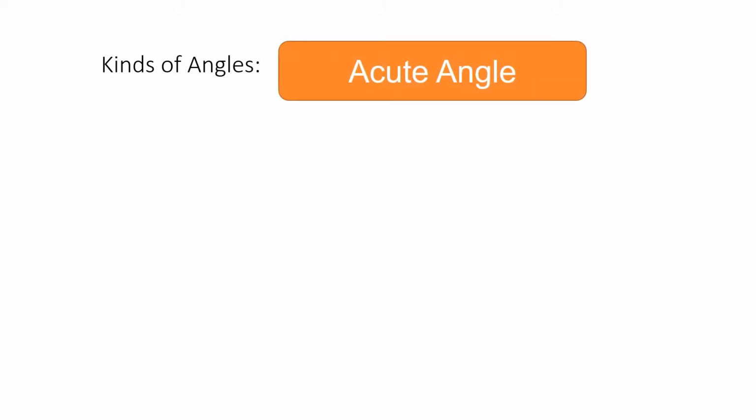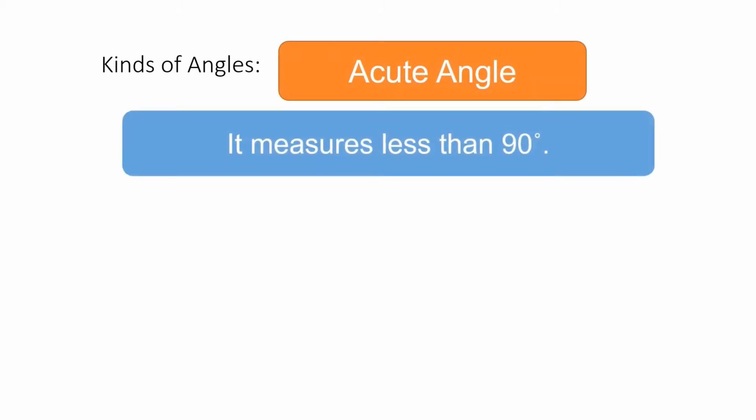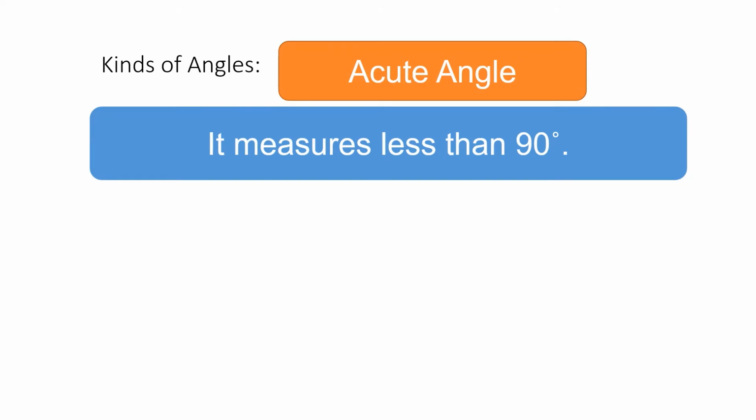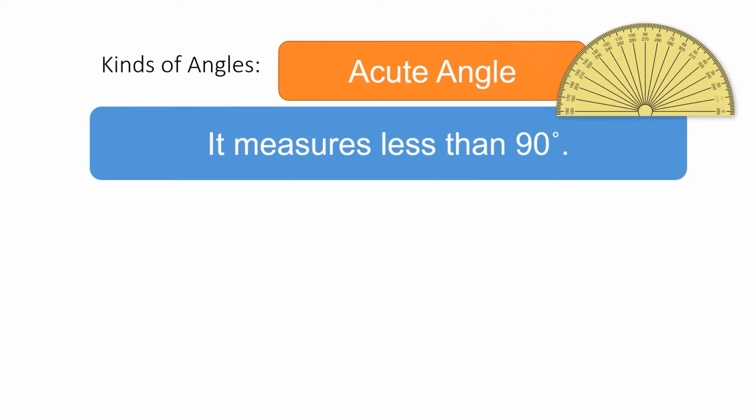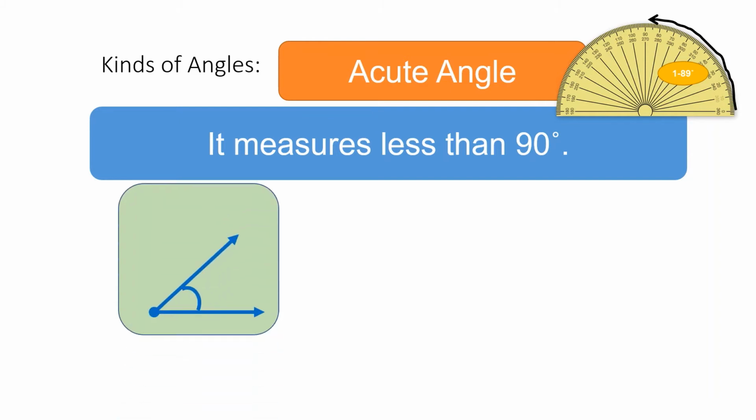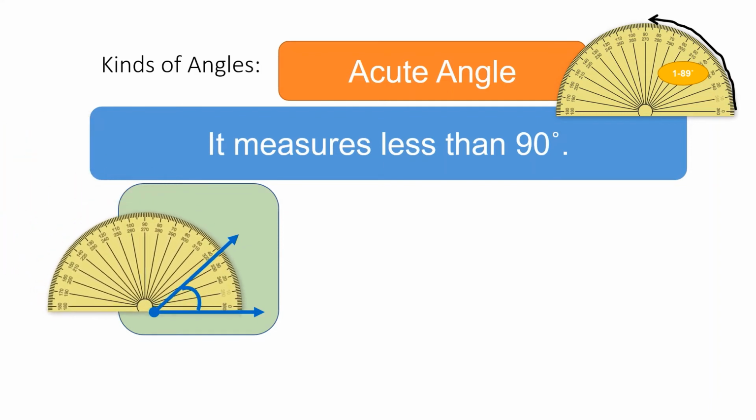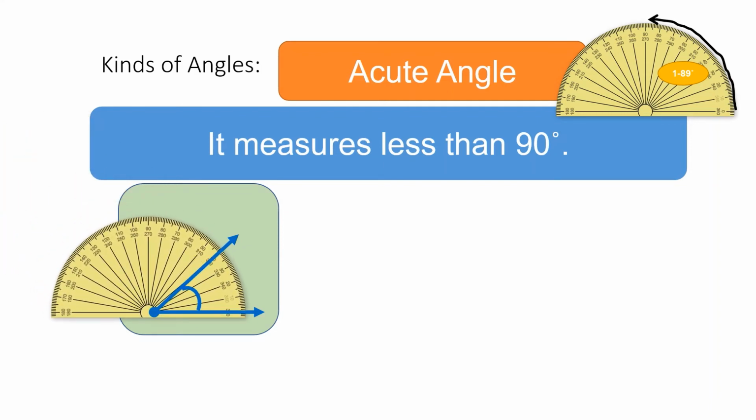The next kind of angle that we will discuss is the acute angle. Acute angle measures less than 90 degrees, meaning that the measurement of an angle can be from 1 degree to 89 degrees. So here is an example of an acute angle.